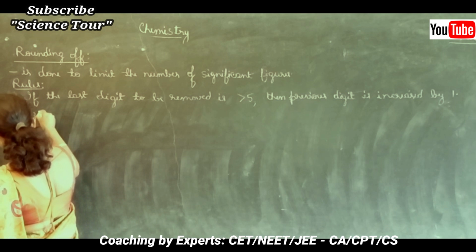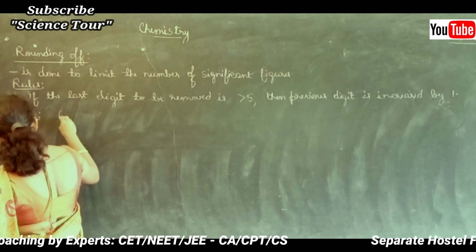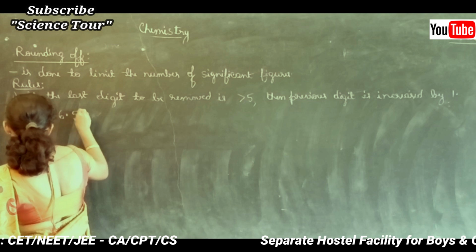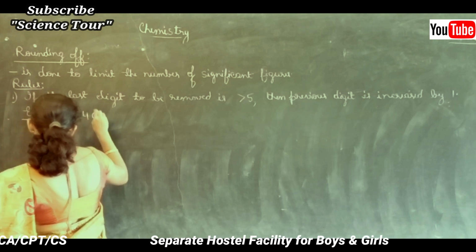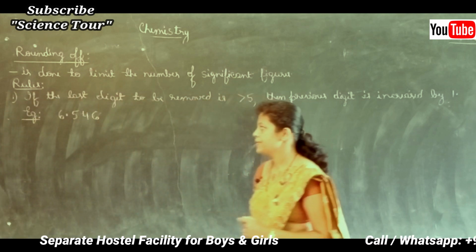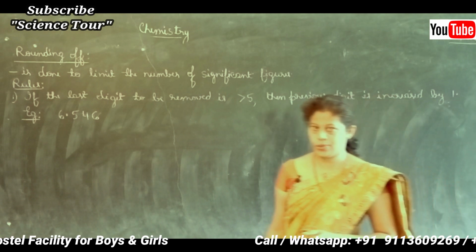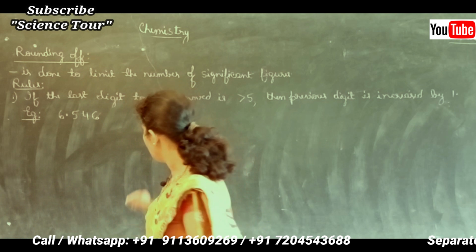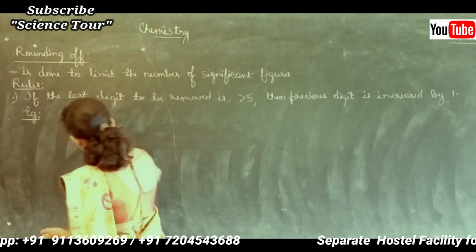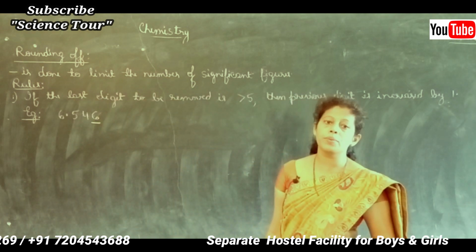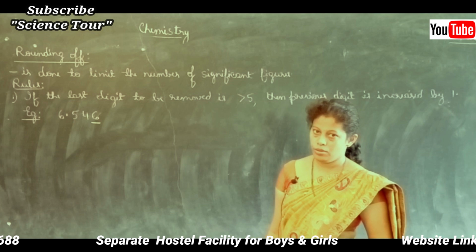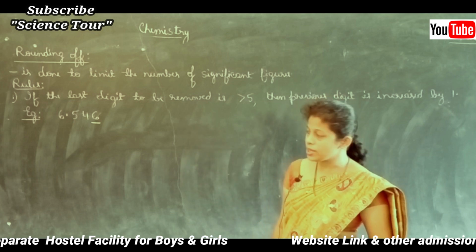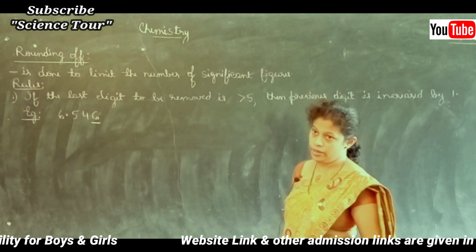Let's take the example 6.546. This is the number I have, 6.546. Here, the last digit to be removed, I'll underline it. This is the last digit to be removed. It means I have to remove 6, which is greater than 5.